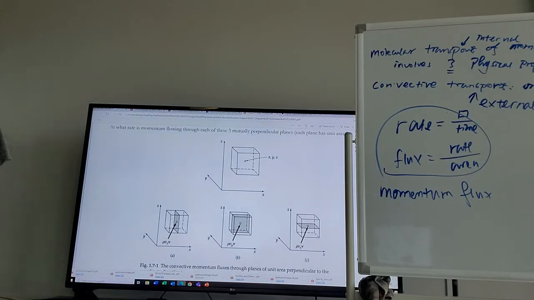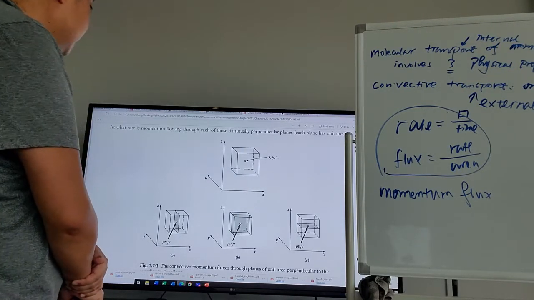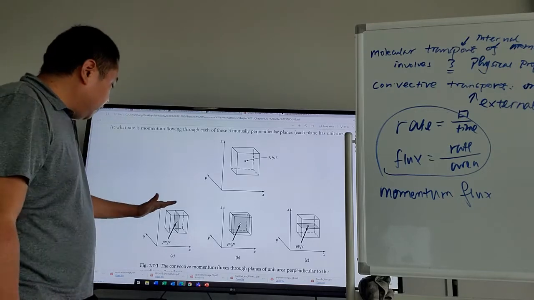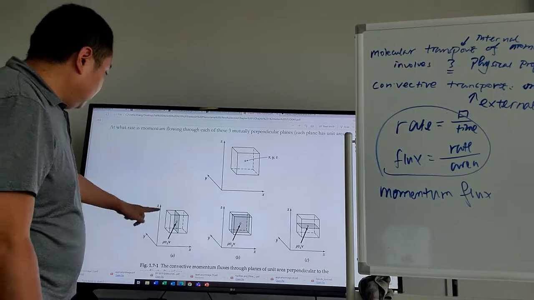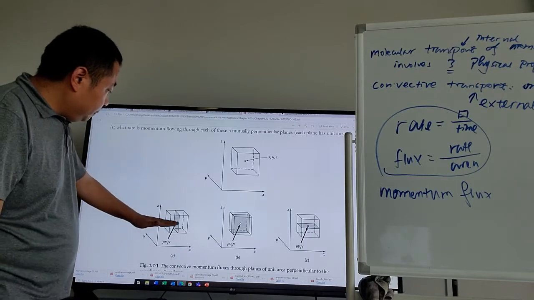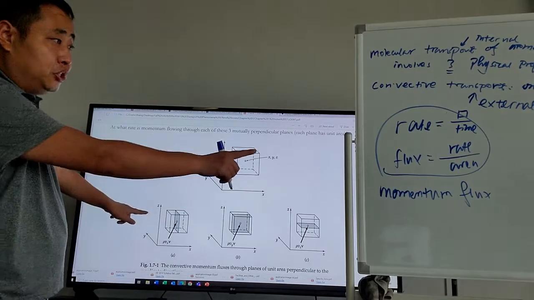So if we look at here, for this case, this is the situation we are talking about.